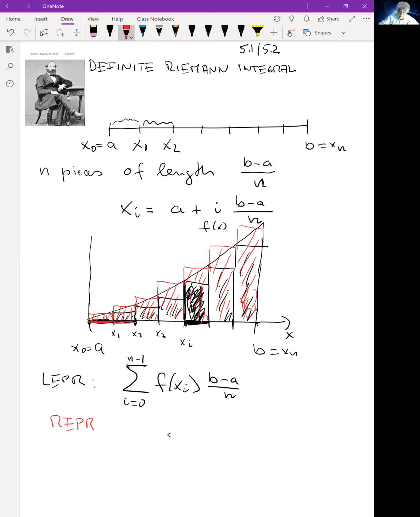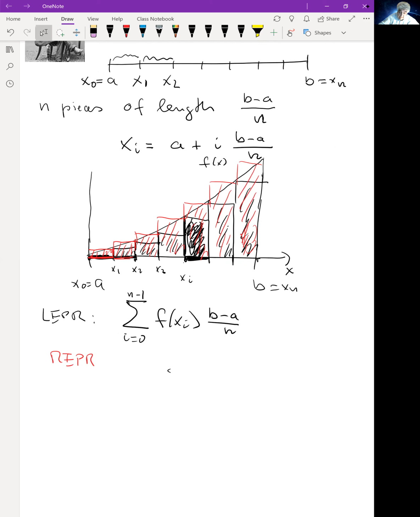So how does it work? I take my xi, so I take this interval, then the height is f of xi, I go up here. So then the area of this rectangle is f of xi times b minus a over n: b minus a over n the width, f of xi the height, area of this rectangle. And now I sum up the area of all these red rectangles.